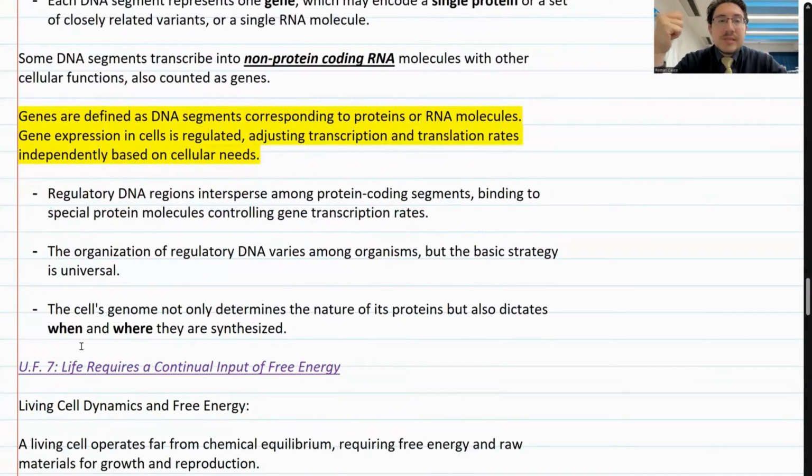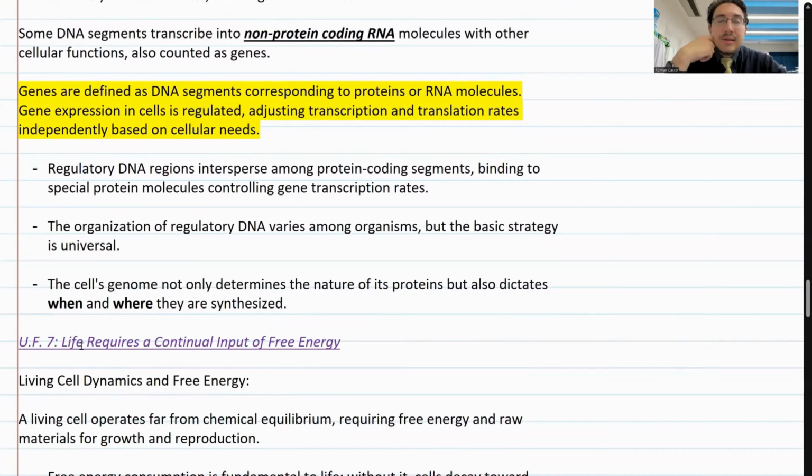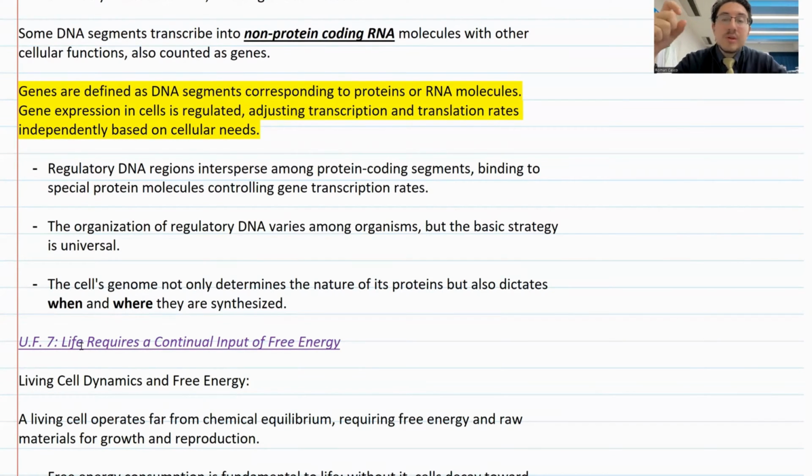Okay, so if you see this highlighted, it well defines what genes are. Genes are defined as DNA segments corresponding to proteins or RNA molecules. And gene expression in cells is regulated, which adjusts transcription and translation rates depending on, of course, the needs of the cell for a particular protein.